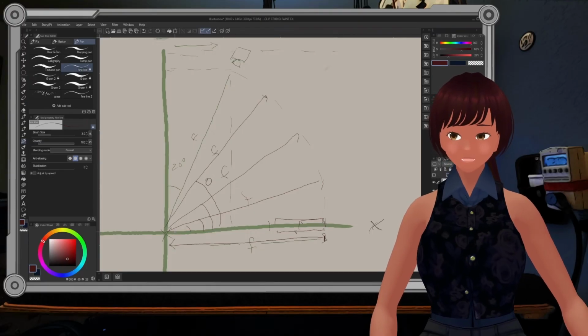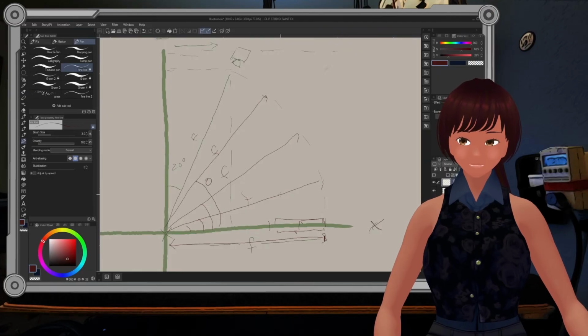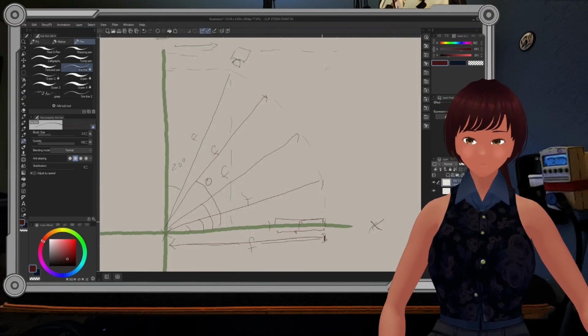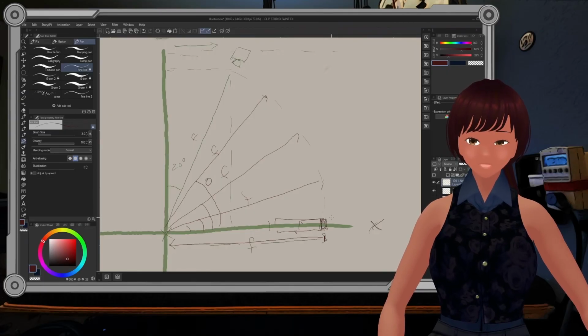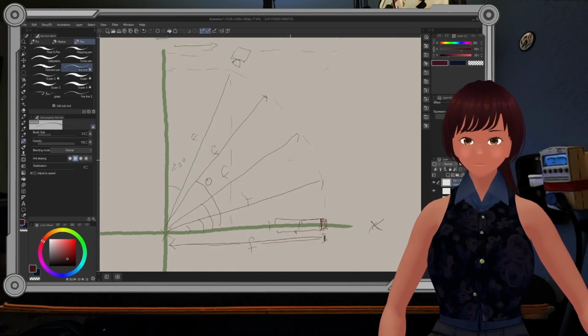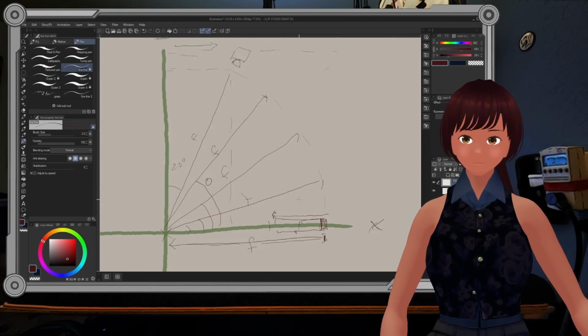But because we're not just going sideways, we're going at an angle, what happens is the distance here becomes shorter. And as the angle increases, the distance here becomes shorter even more, right?